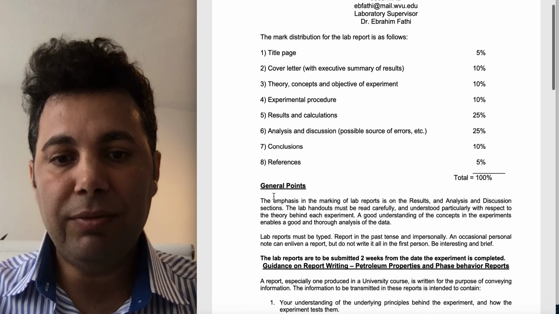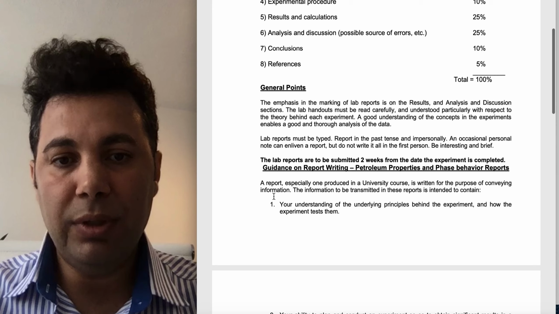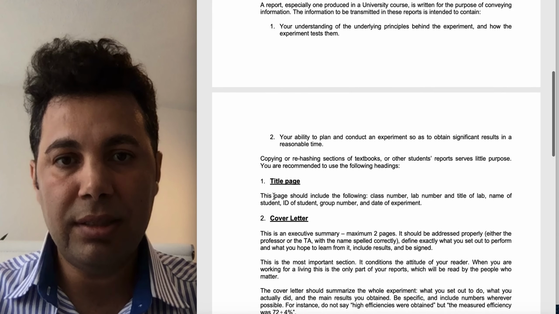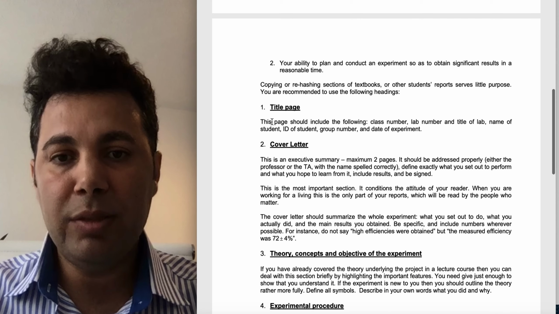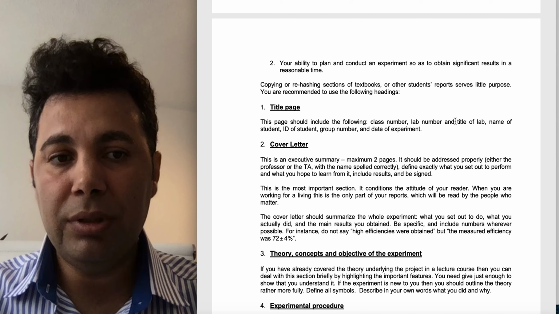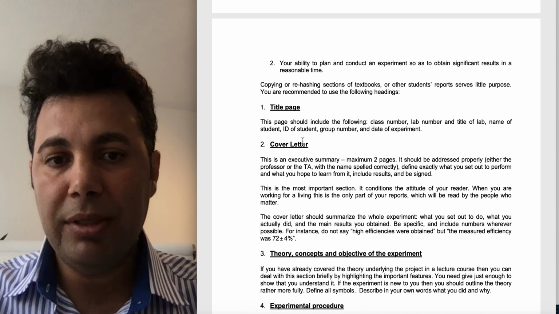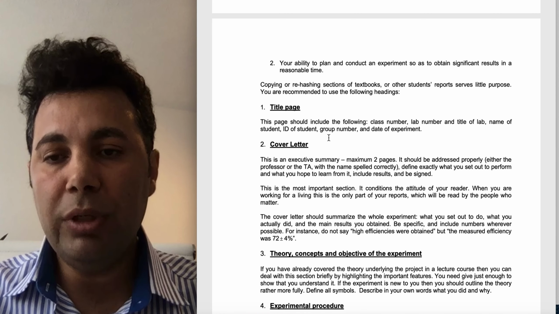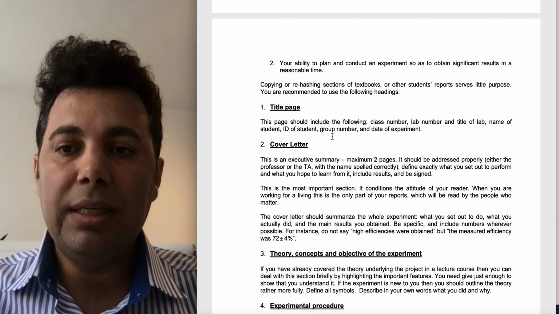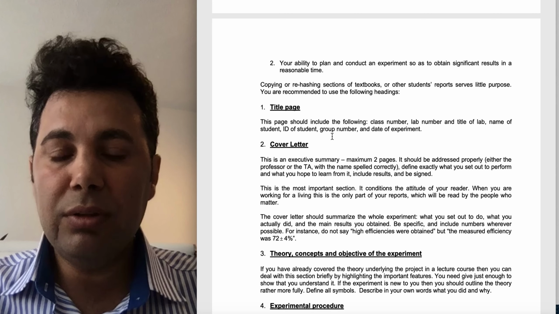So what we expect from every one of these? For example, in the title page, I expect you to have the class number, the lab title, your name and student ID, and if you are doing it in a group number, or in this case, you are going to do the lab individually, but for different temperatures.